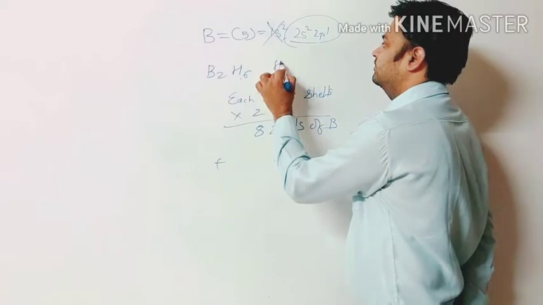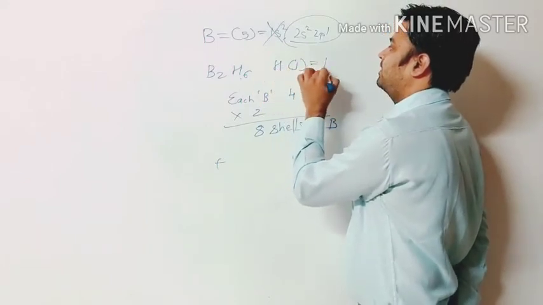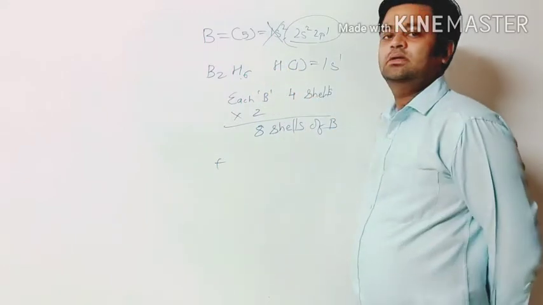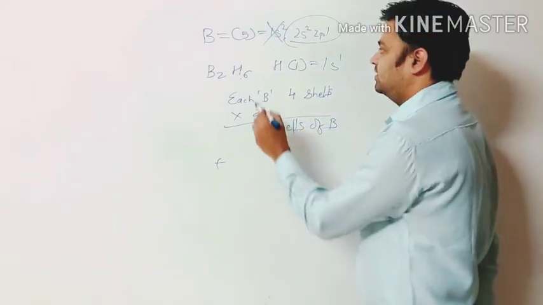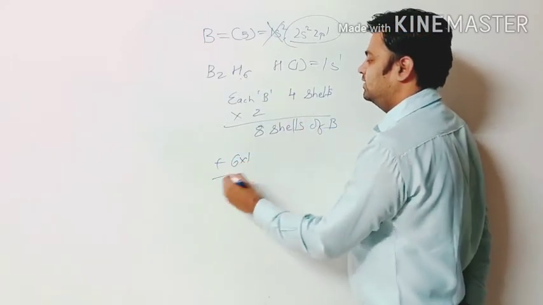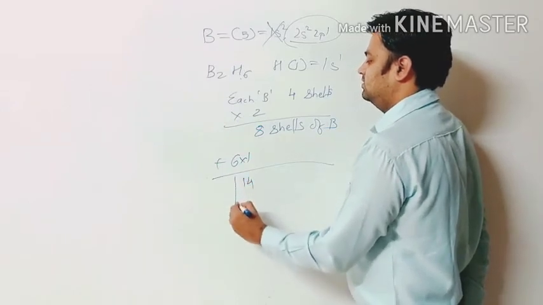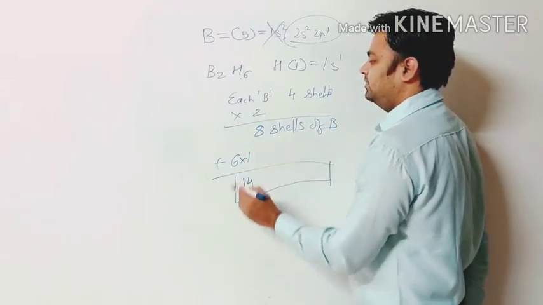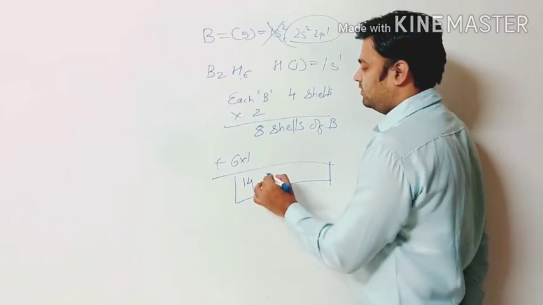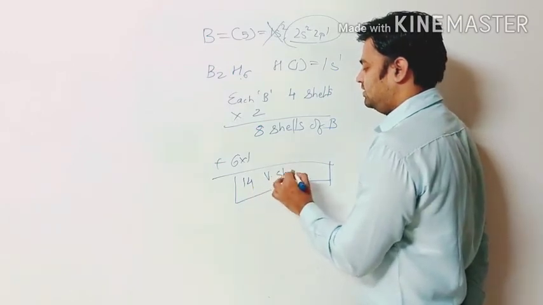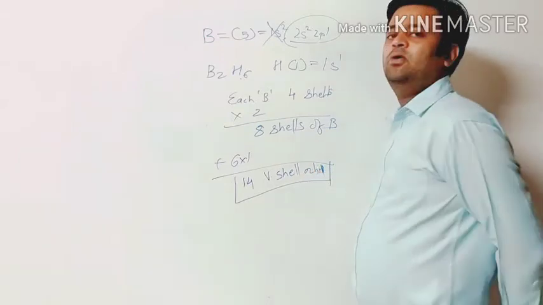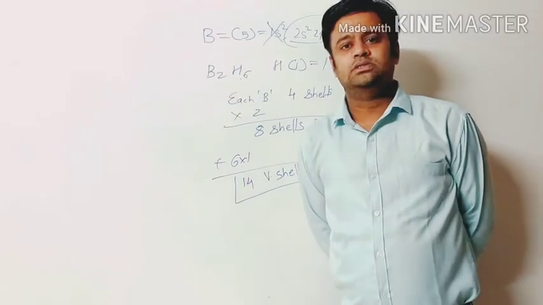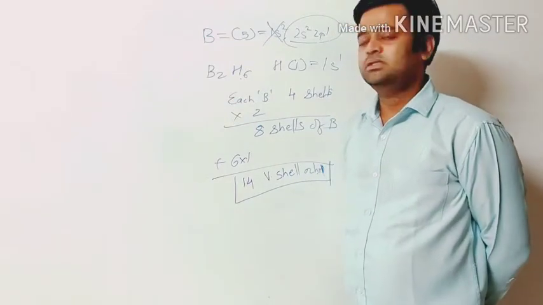Hydrogen is 1s1, meaning only 1 orbital, and there are 6 into 1, so 8 plus 6, 14 valence shell orbitals are there. And now let's count the number of electrons in B2H6.